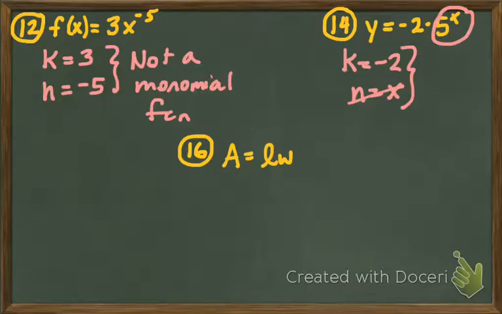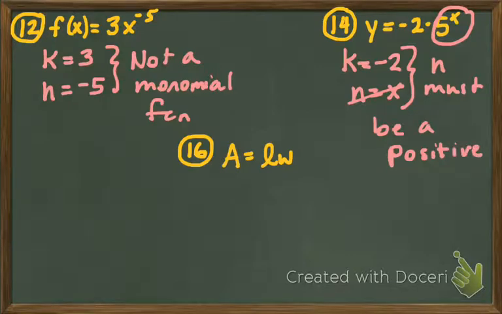But n must be a positive integer. Well, obviously x is not an integer of any description, so that means that we do not have a monomial function. And we'll abbreviate that here.